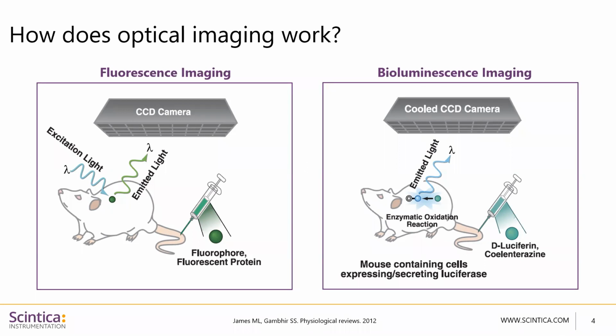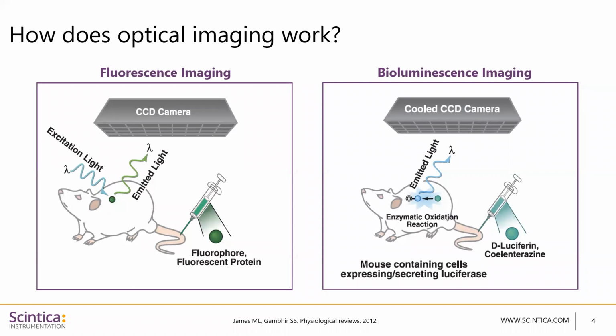Now, bioluminescence imaging is very similar. The animal model first needs to be developed such that it's capable of expressing or secreting a luciferase enzyme. Again, this could be a transgenic mouse or a mouse that's been injected with cells that can either express or excrete luciferase.